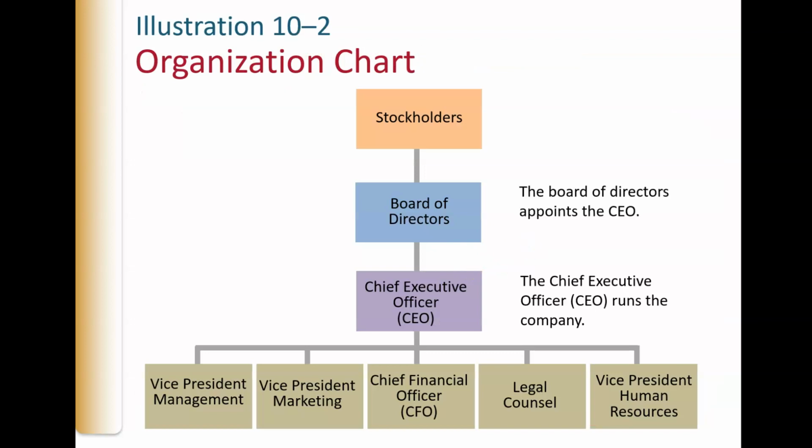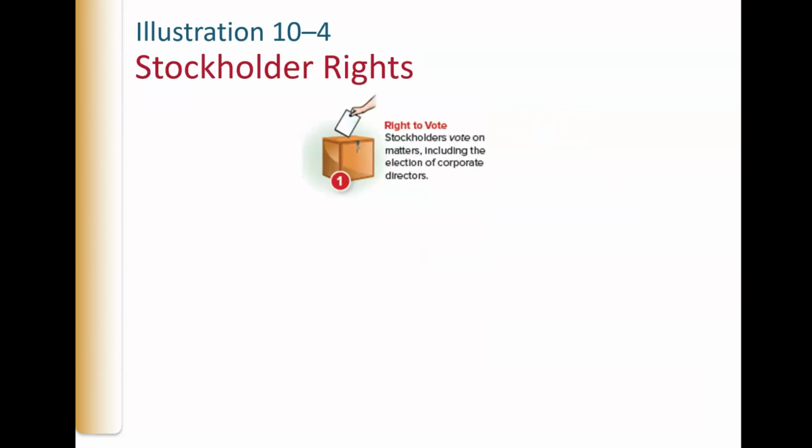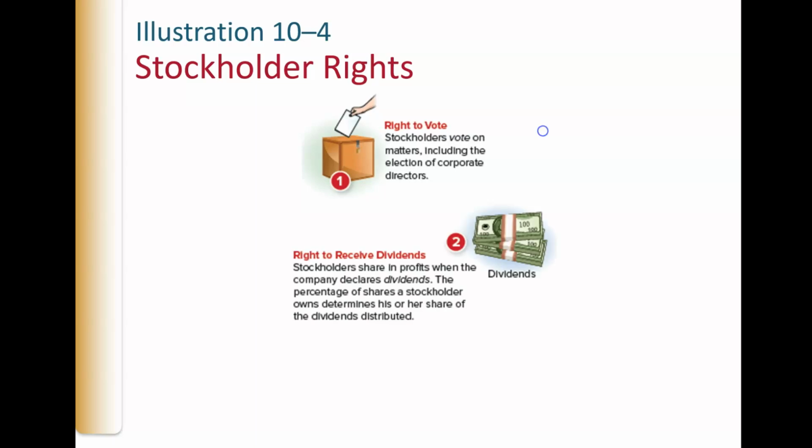Remember, if you look at an organization chart, a lot of times you'll only see from the CEO down. But what you need to remember is a public corporation is owned by stockholders, so they're at the top. So we will discuss stockholders and their rights. First, they have the right to vote on matters, including election of the corporate directors.